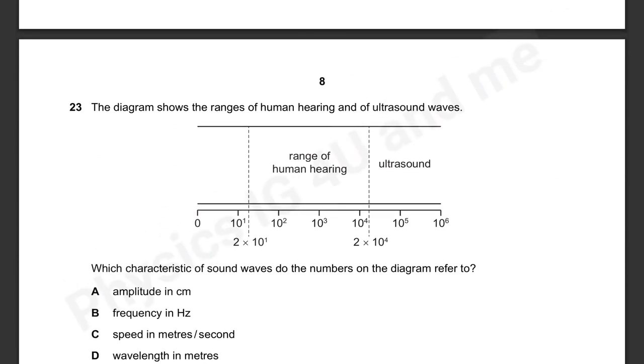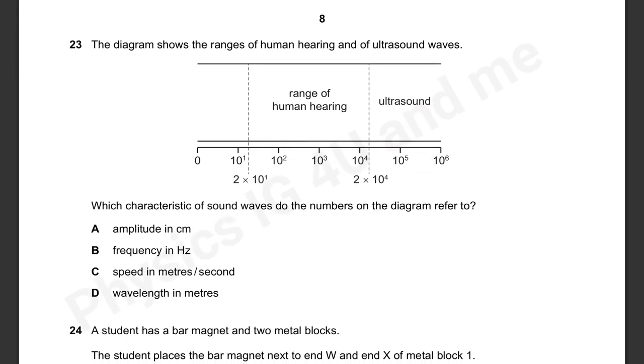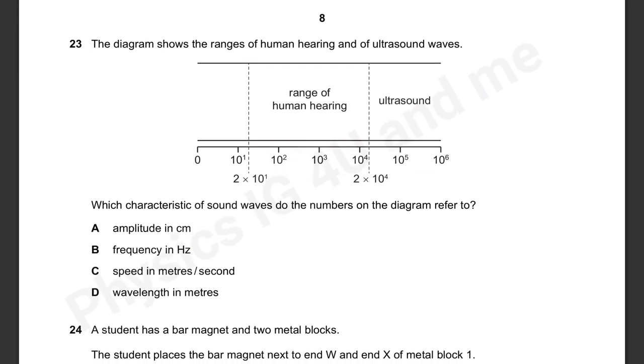Now, the diagram shows the ranges of human hearing of ultrasound waves, okay? Which characteristic of sound waves do the numbers on the diagram refer to? These here, from here until here. Pay attention, this is 20.